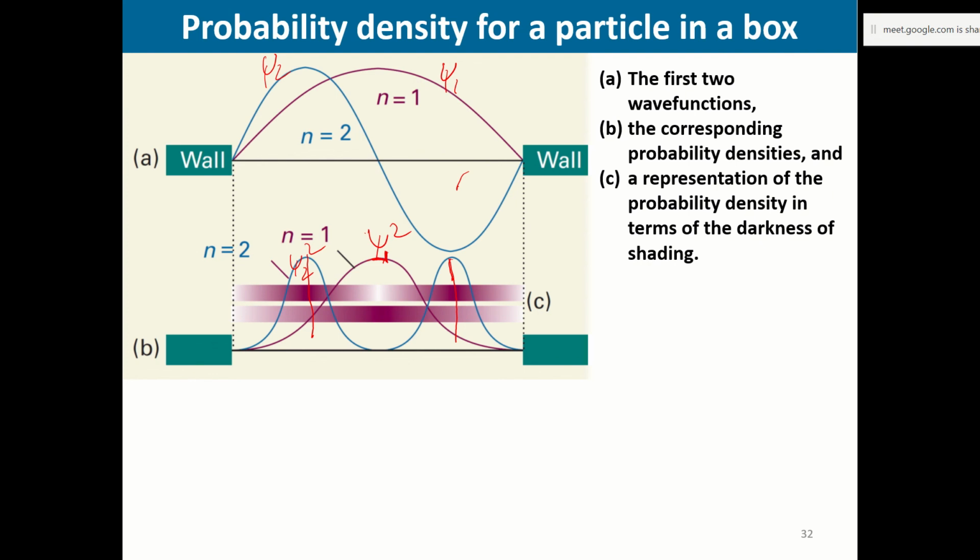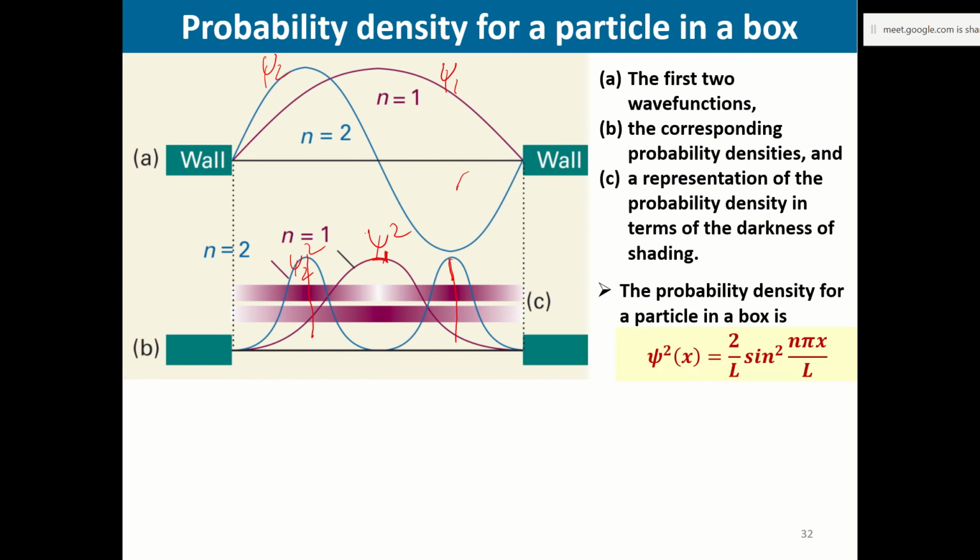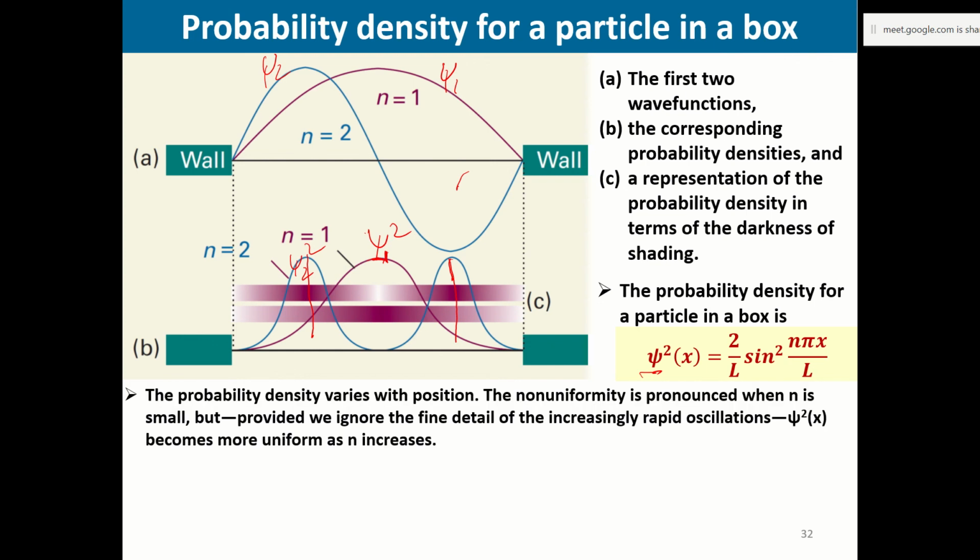The wave functions that you see: the probability density for a particle in a box is obtained by squaring the function. Squaring the function, root 2 over L, gives 2 by L sin squared of n pi x by L. So this is your function.